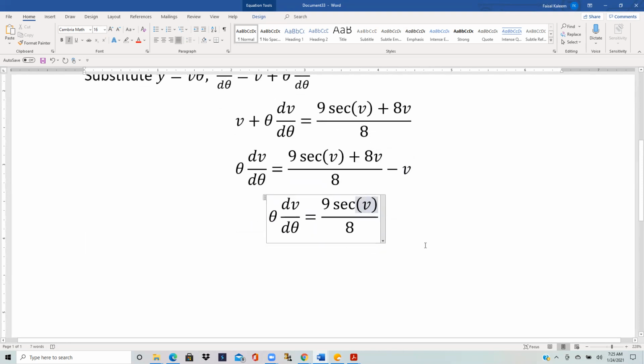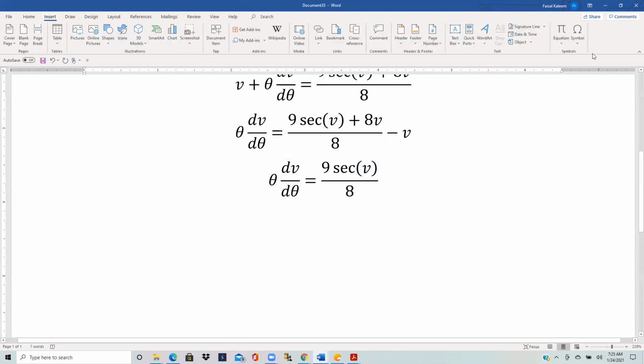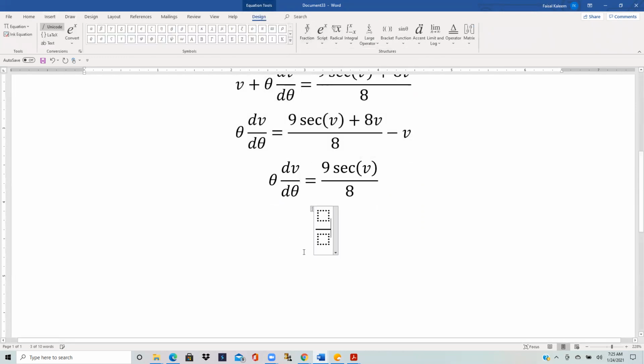All right, so now let's put it in the separable form, so that we have a dv on the left, so bring the v terms on the left. So we will have dv over secant v.